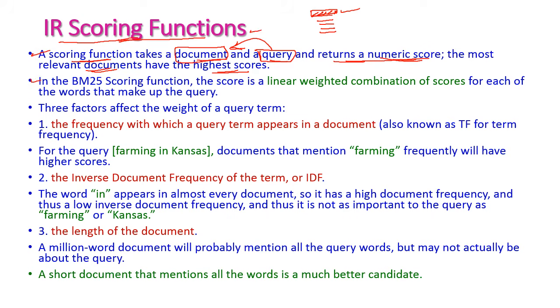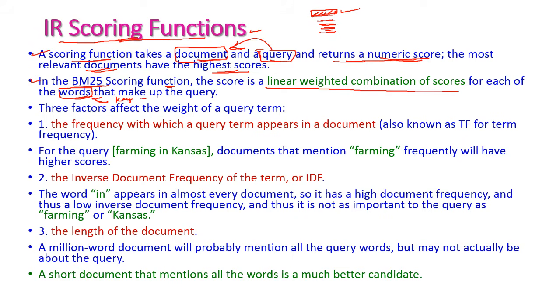In the BM25 scoring function, the score is a linear weighted combination of scores. So a linear weighted combination of scores will be given for all the documents based on the words which are used to create the query. The words are otherwise called keywords.